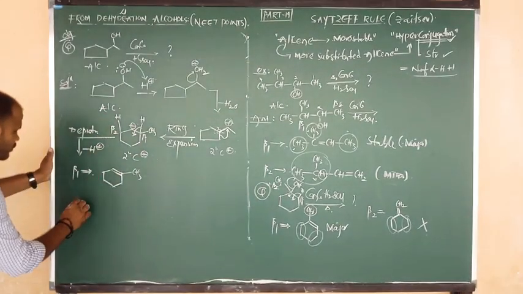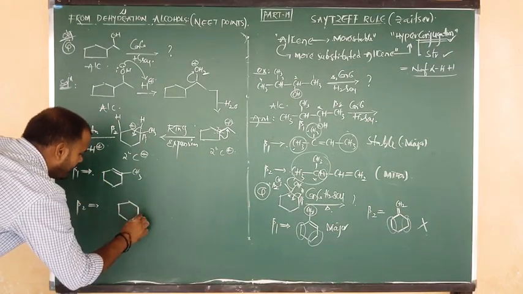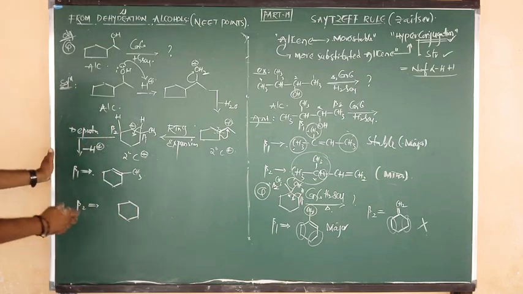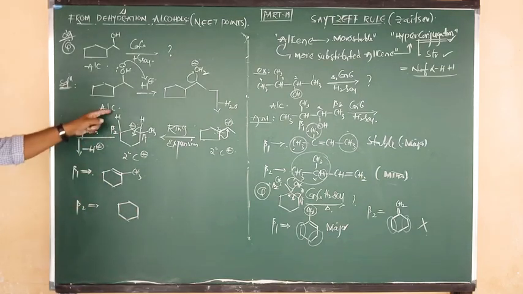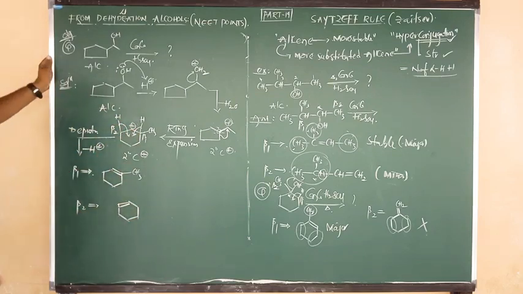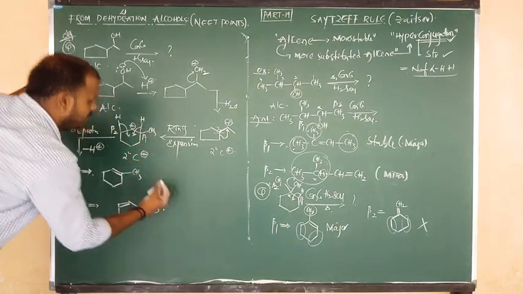Let us go for the beta 2 product. Here also I am going to get a 6-membered ring, and we are removing hydrogen from which carbon? Beta 2. From the beta 2 position, after removal of hydrogen, again here we are getting one pi bond, but on the upper side carbon one methyl group is there, that will be as it is.